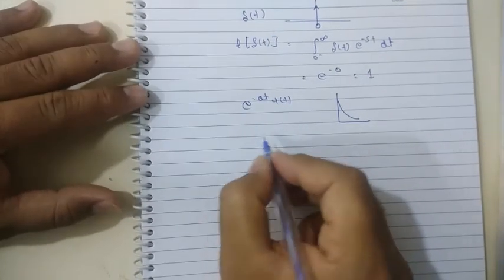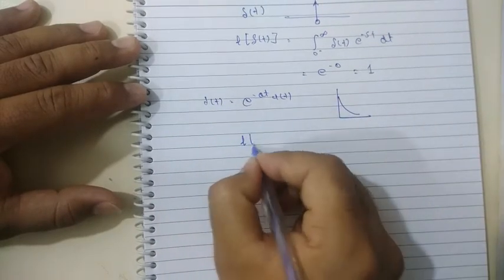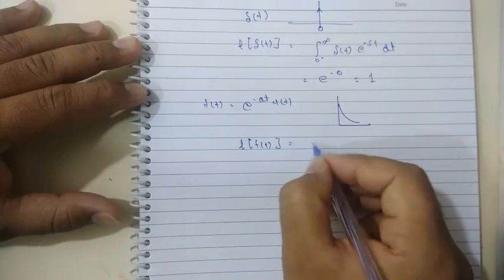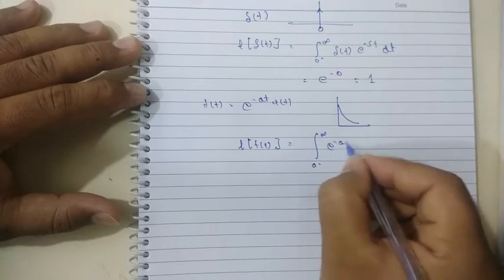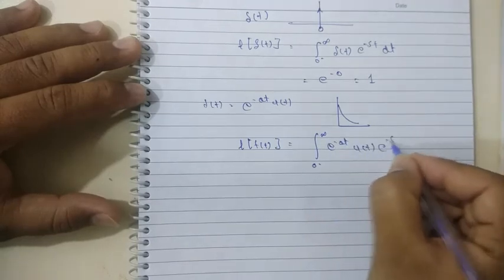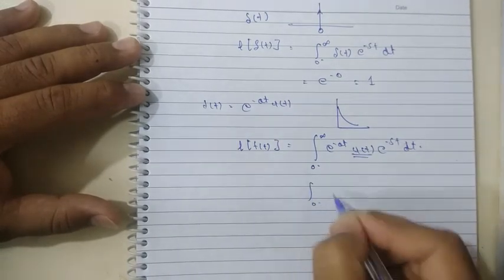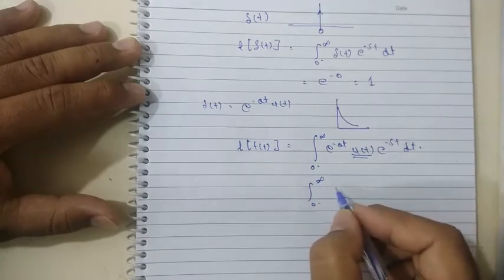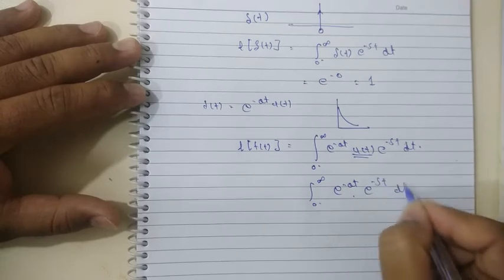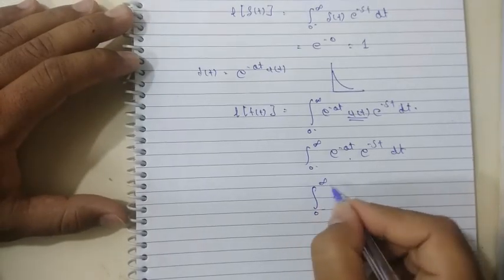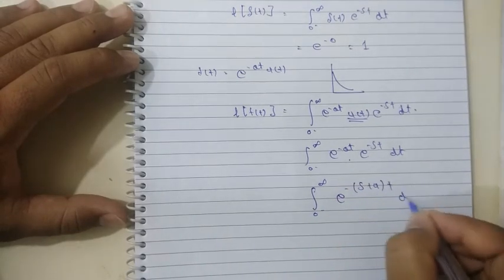For the exponential decay function e power minus at u of t, we apply the formula. Let's consider the signal as f of t. The Laplace transformation is the integration from minus 0 to plus infinity of e power minus at u of t e power minus st dt. u of t will be 1, so from 0 minus to infinity, e power minus at times e power minus st dt, taking the power common as minus (s plus a) t dt.